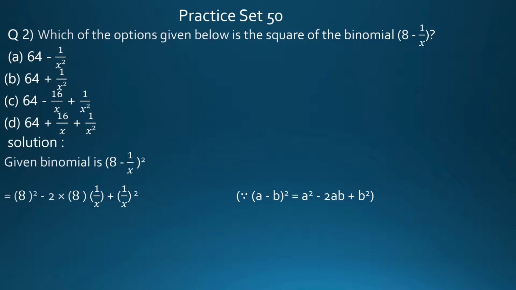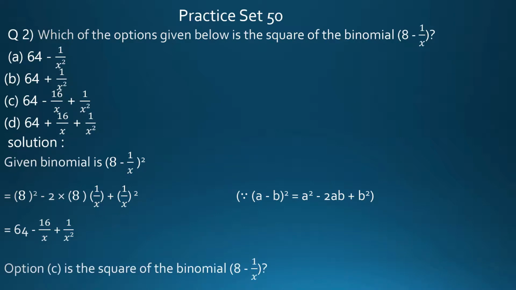The reason is, since a minus b the whole square is a square minus 2ab plus b square. 8 square is 64, minus 2 into 8 into 1 upon x will be 16 upon x, plus 1 upon x square. So when we look at the options, we will see that the correct option is option C. So option C is the square of the binomial 8 minus 1 upon x.